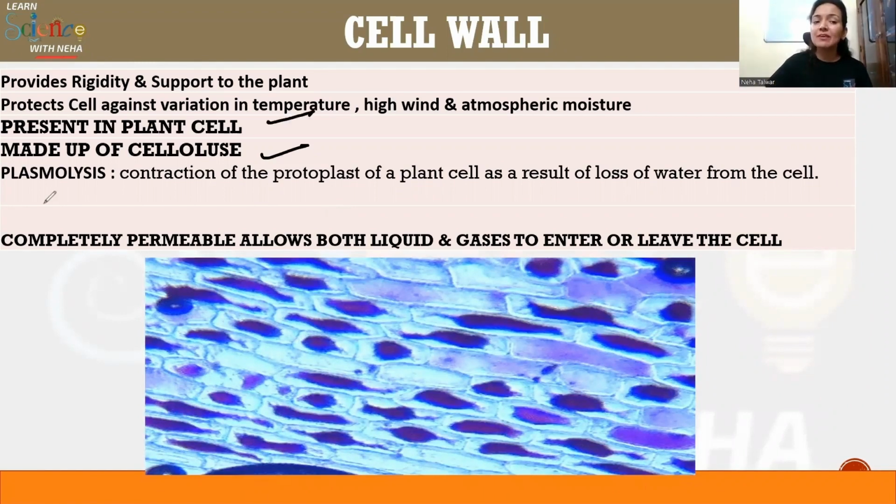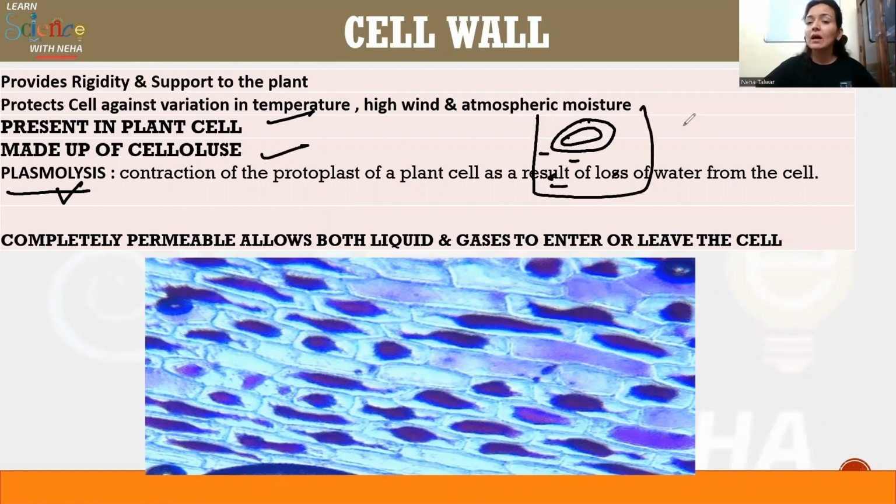And then comes a very, very important point, plasmolysis. This is a term which is used only and only for plant cells. So if you put a plant cell, I am making a cell wall and I am making a cell membrane, in a hypertonic solution, hypertonic means salt is more, water is less, water from the cell membrane will start moving out into the outside medium.